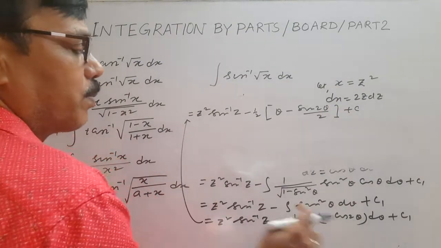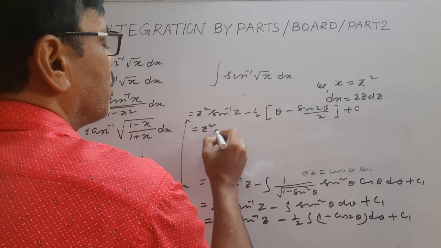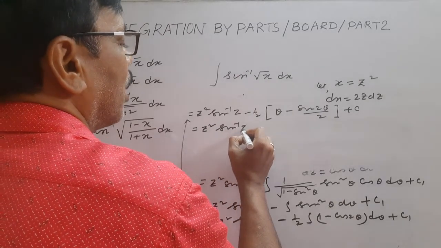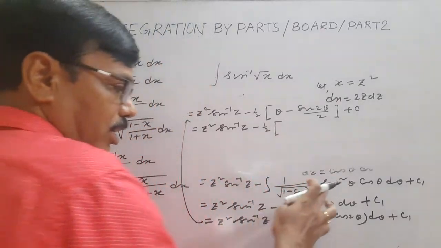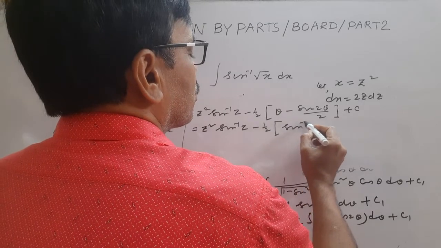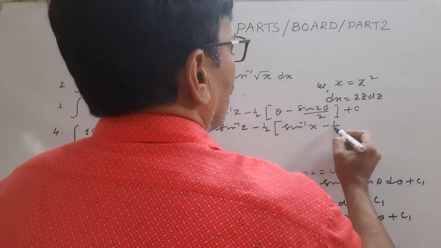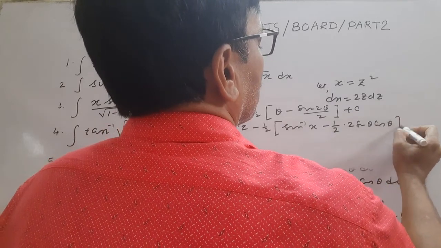Now we want to express it in terms of the original variable. So z square sin inverse z minus half. What is theta? Sin theta equals z, so theta equals sin inverse z, and sin 2 theta is 2 sin theta cos theta.